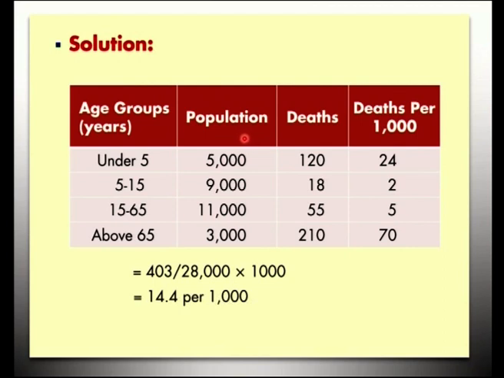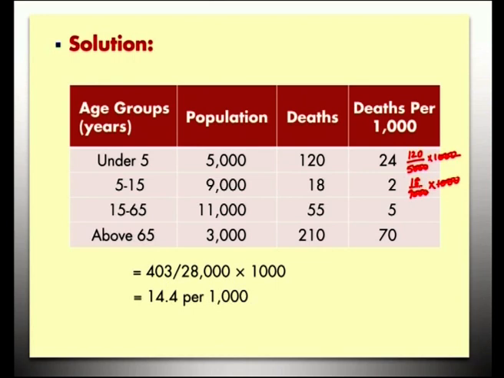For 5,000 it is calculated, so death per 1000 will be calculated as 120 divided by 5,000, into 1000. The 1000 gets cancelled, and 120 by 5 is 24. Similarly, 18 by 9,000 is the rate, and for 1000 it is to be multiplied with 1000.